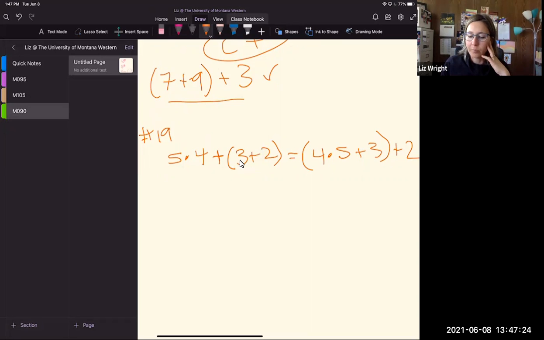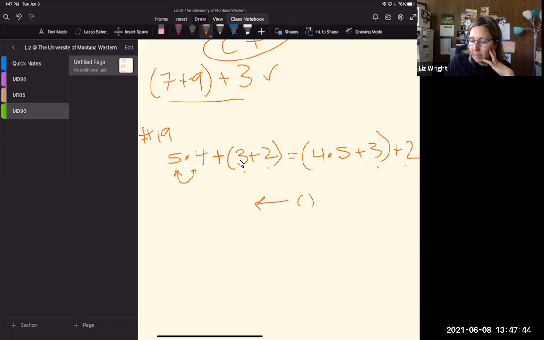So something I'm seeing is that the 3 and the 2 are in the exact same order on both sides of the equal sign. I see that the 5 and the 4 have traded places, and I see that the parentheses have moved this way.